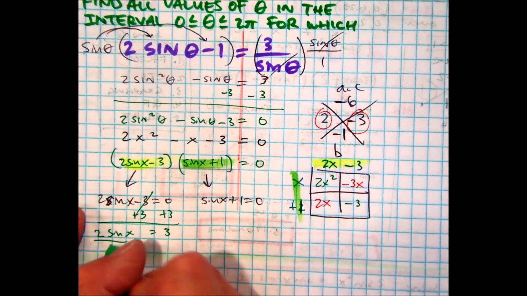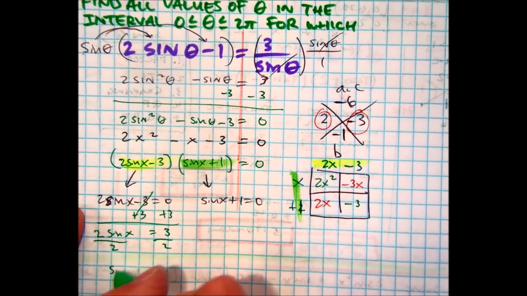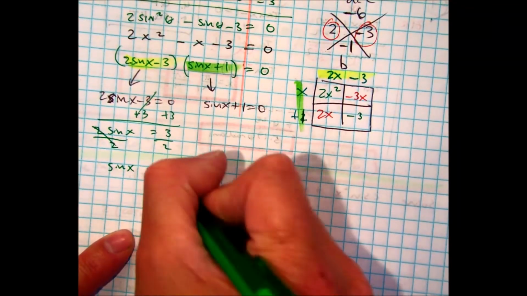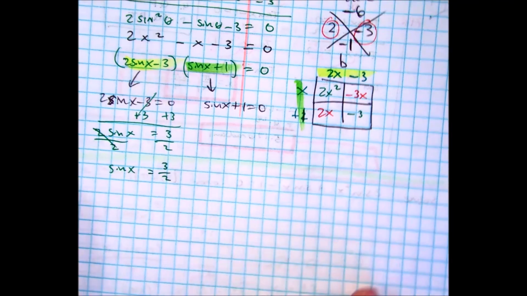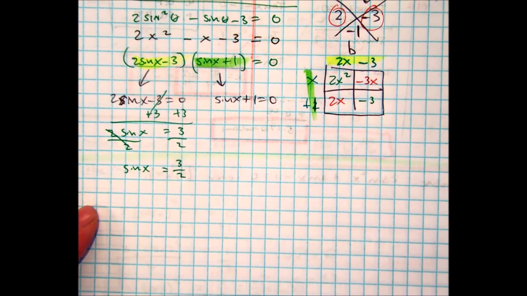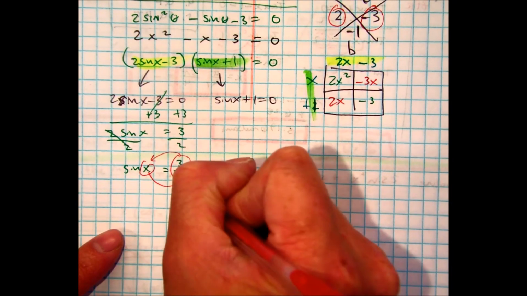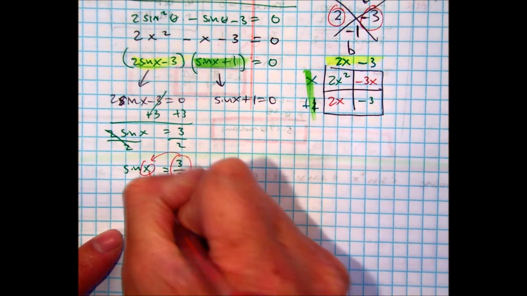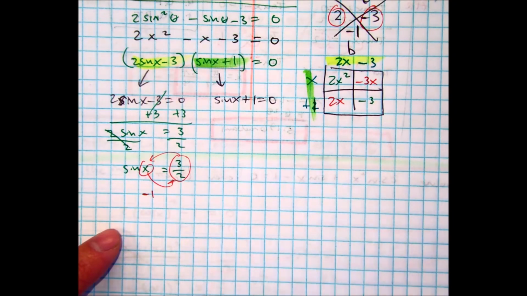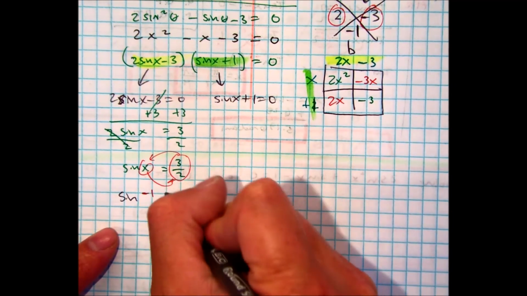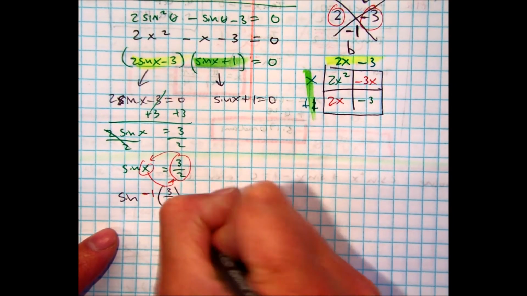And then I'm going to divide by 2 on both sides. Sine of x equals 3/2. If I take the inverse, I get the inverse of sine of 3/2 equals x.